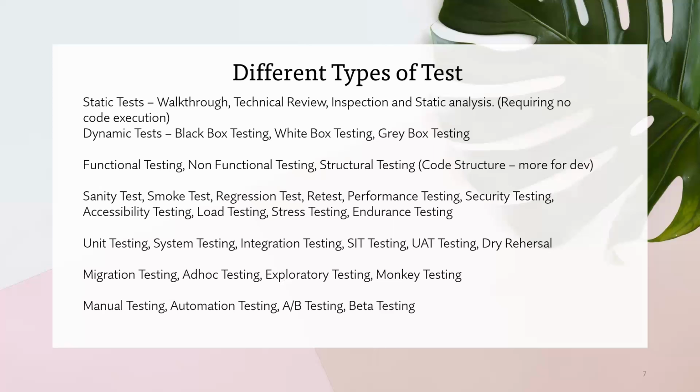Then we are talking about structural testing. This is more like your code structure, which we talked about with the if and else block a few minutes back, where you're checking the structure of the code and checking that branching is happening properly or not. If you're developing code, there are usually high chances of complex logic in it, and the if-else I was talking about is a very simple thing.